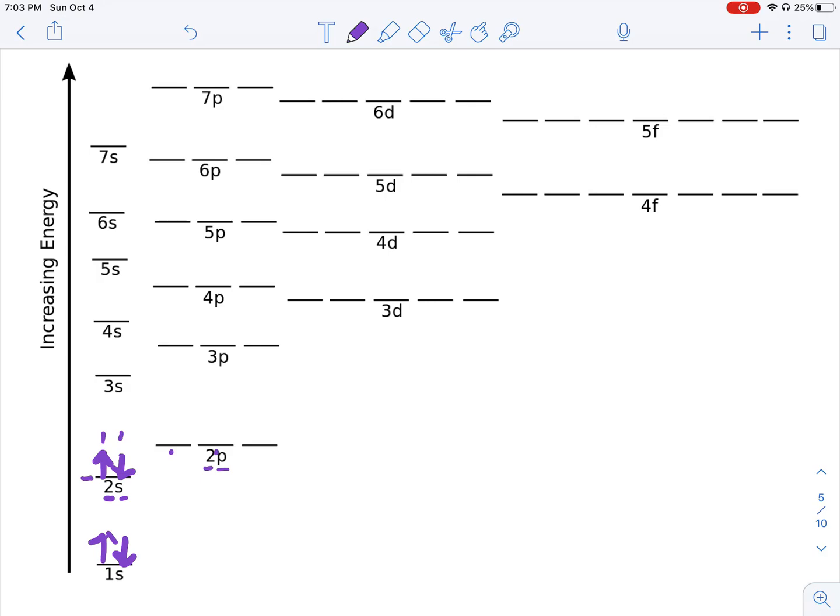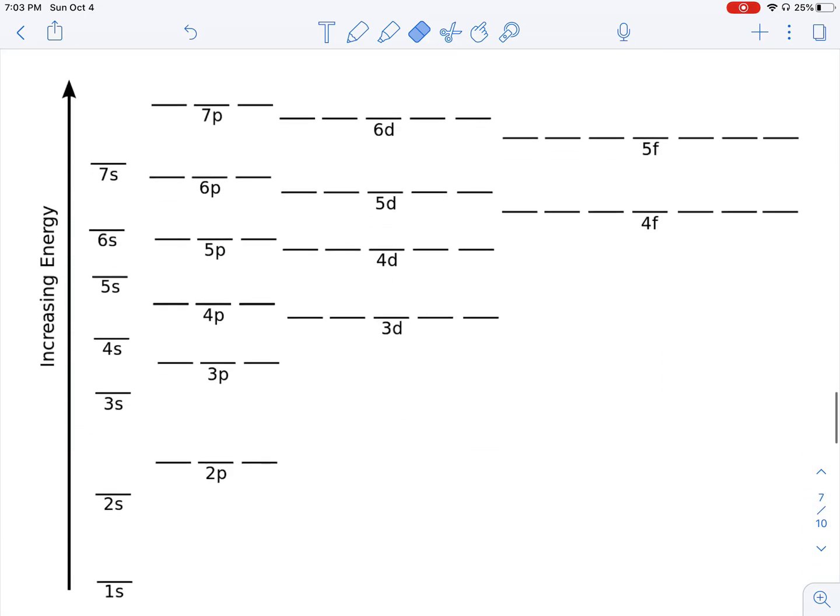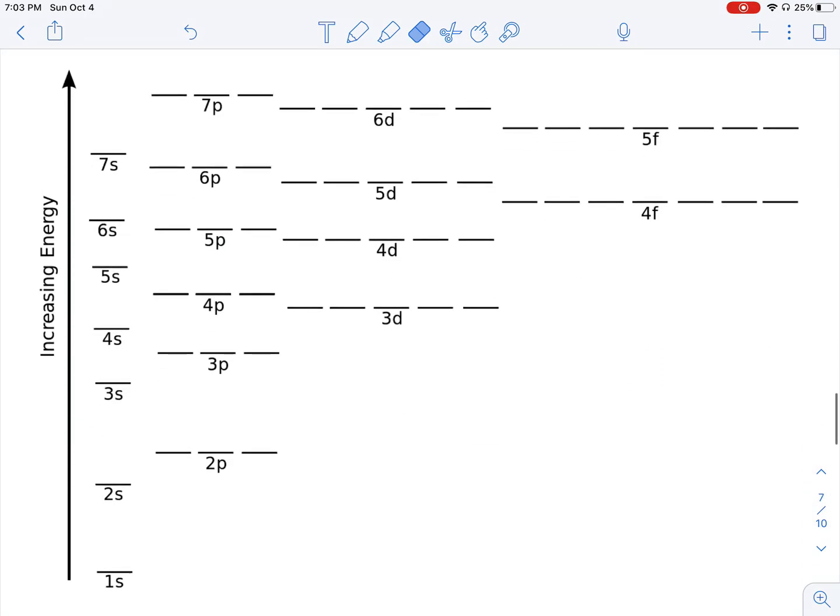And then the 2p sublevel, quantum number 2, sublevel P. Sublevel P has 3 possible orbitals, and I put my electrons in according to some other rules we'll get to. But no line has more than 2 electrons. So 1, 2, 3, 4, 5, 6, 7, 8, 9, 10 electrons, each represented by an arrow, and that would be an orbital diagram of neon. Let's leave that.